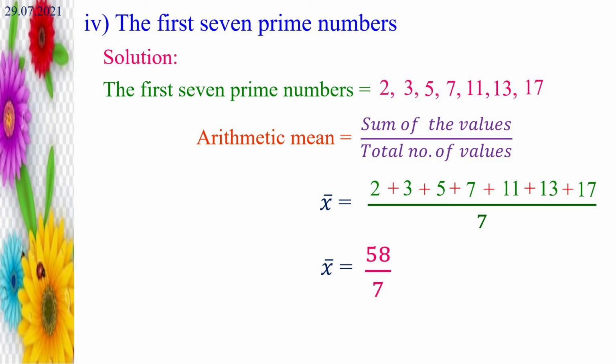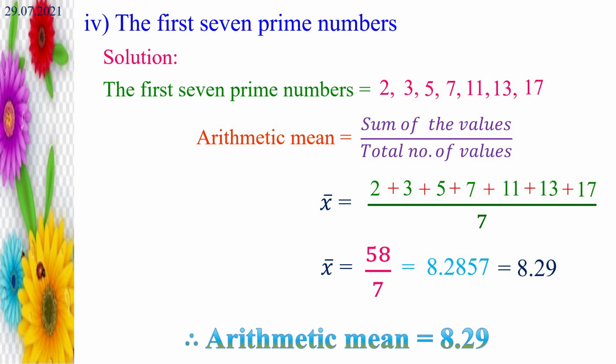Therefore, x bar is equal to 58 by 7. Dividing 58 by 7, we know that 8.2857 is the quotient. Now we have to round it off to 2 digits after the decimal point. So on doing so, we get 8.29. Therefore, the arithmetic mean is equal to 8.29.